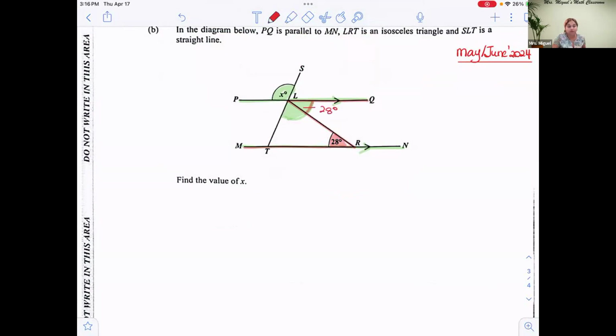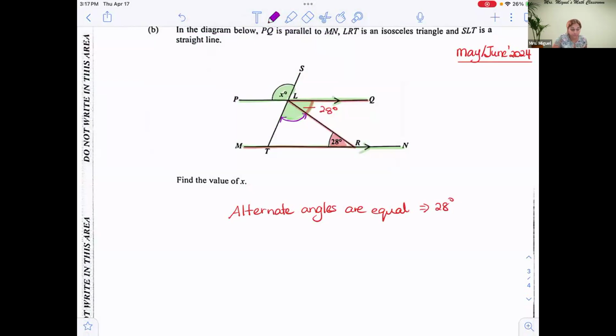So I have part of my answer, and alternate angles are equal. So here we have 28 degrees, but I'm not finished as yet. I still have to find this missing part here in purple.